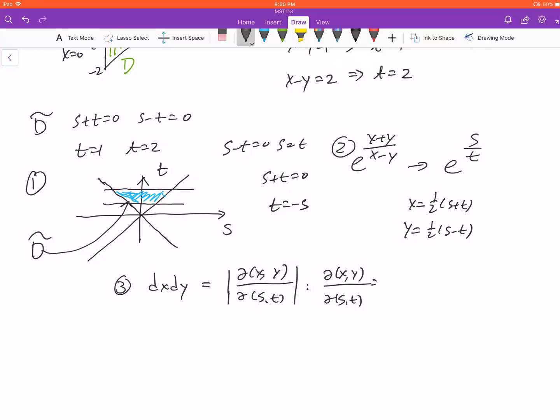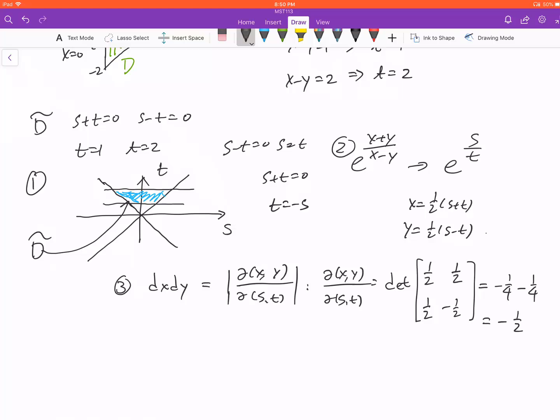So now we take the partial derivatives and find the determinant. Det means determinant. Take a derivative of x with respect to s, you have 1/2, of x with respect to t is 1/2 again. And then do the same thing for this second y function over here, and then we have again 1/2 and negative 1/2. Okay? And then we see the determinant is negative 1/4 minus 1/4, and that's going to be negative 1/2.